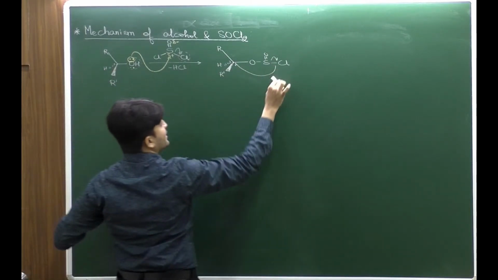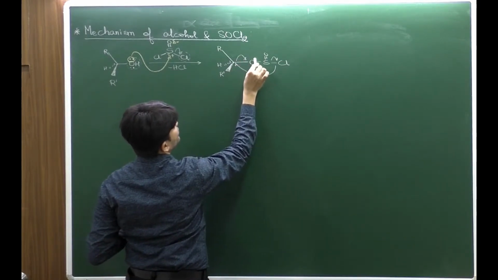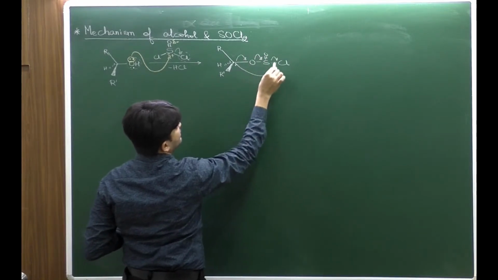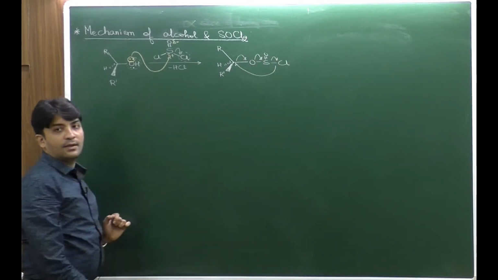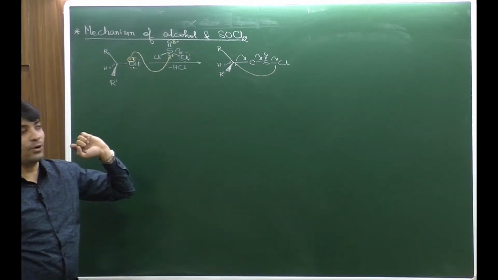The moment it attacks the carbon, it gives away the electron to oxygen. Oxygen in turn gives away the electron to sulfur. Finally, this will get eliminated as sulfur dioxide and the Cl minus bonds in the place of OH.